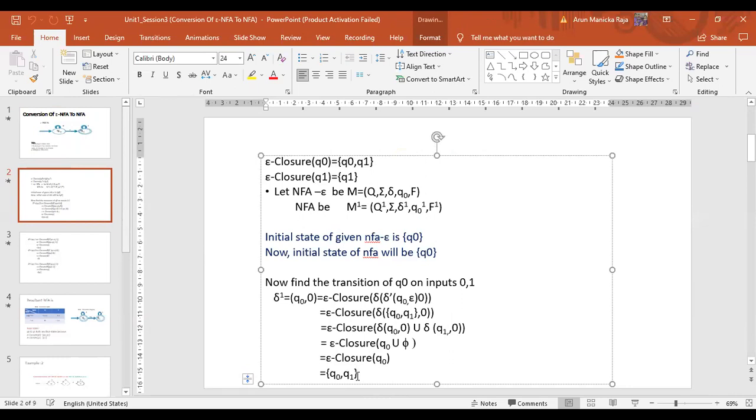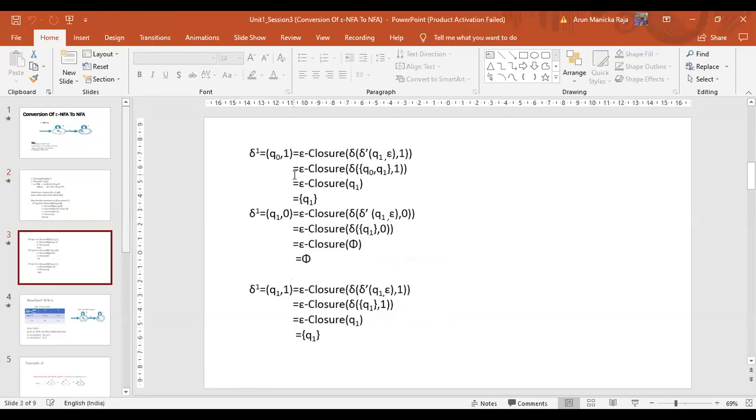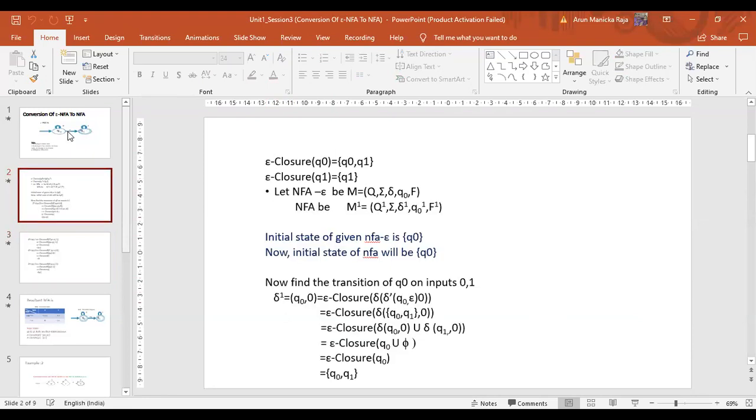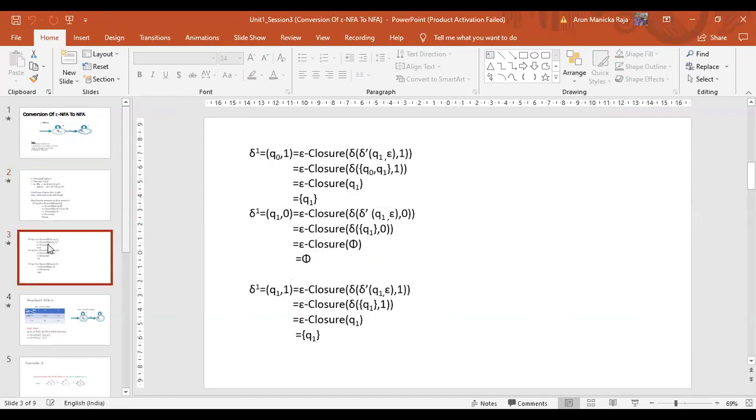This is the way we can find the transition for all the states with all the inputs. Next one is Q0 comma 1, the same procedure we have to follow, and Q1 comma 0, Q1 comma 1. Now all the transitions are over, 2 states, 2 inputs, so we have to calculate 4 transitions.